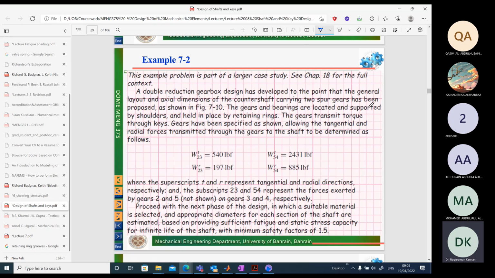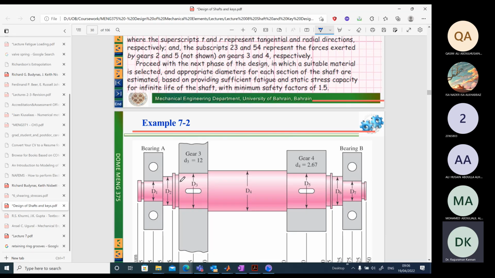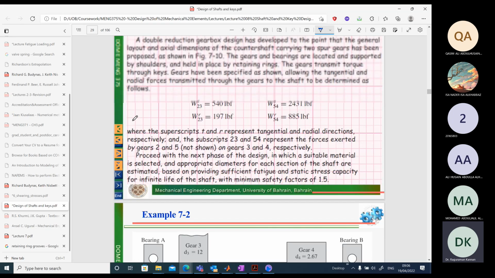The gears and bearings are located and supported by shoulders and held in place by retaining rings. So you have retaining rings here. You can see the groove, and there is a retaining ring installed here. Again, there is a groove here, retaining ring, groove here, retaining ring.